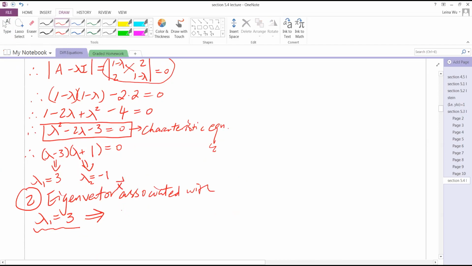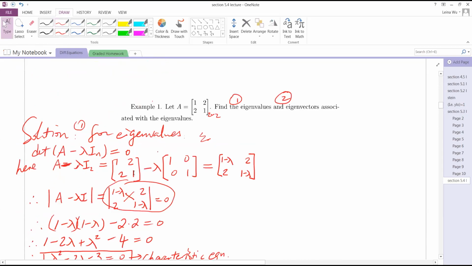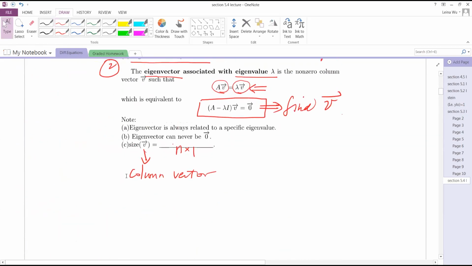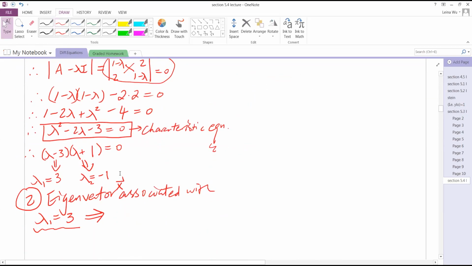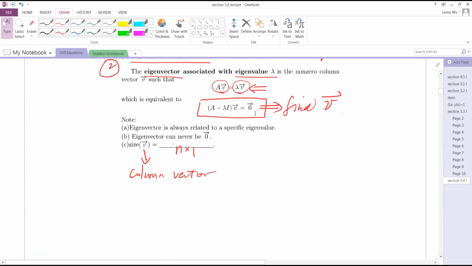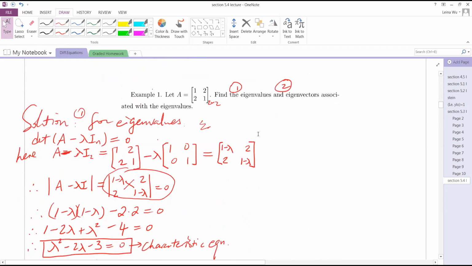Typically we call them x vector. Oh, v, my bad. Let's call them v, just to be consistent with what we had before. So those v are the solution of the equation A minus lambda I, v equals 0 vector.